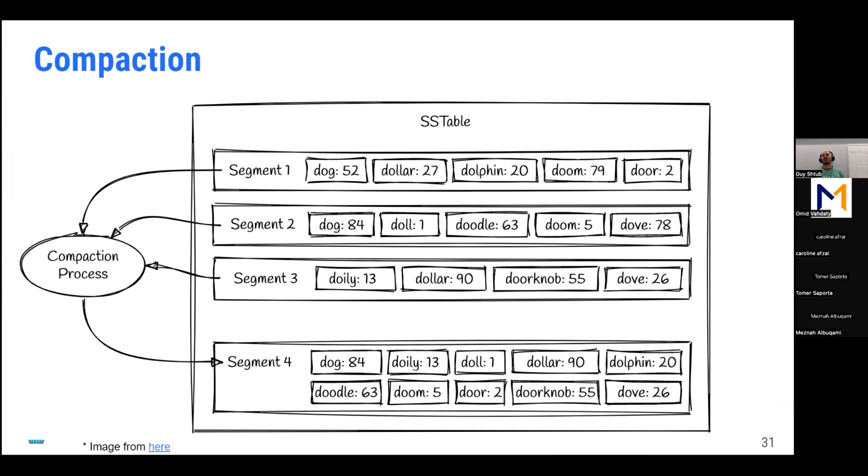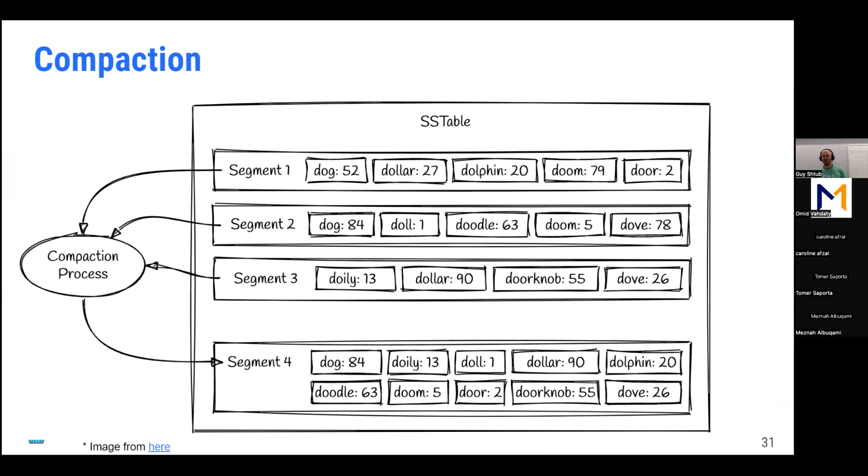The way that it works is that all segments are brought together into a new segment. In the example above, we have some values for dog. And the latest value for dog, according to the timestamp, would be the one that we copy into the new SS table that we created. And we can let go of those old values.